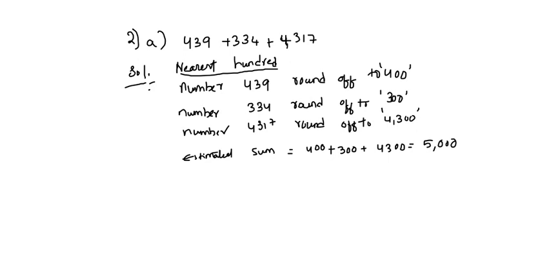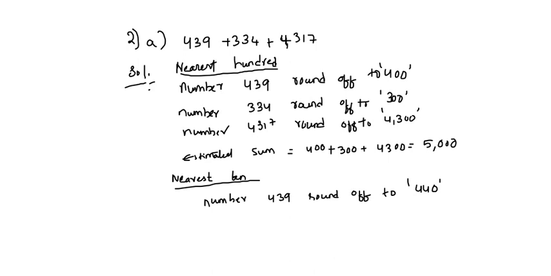Now we have to estimate to the nearest tens. So how can we do nearest tens? The same thing like that. The number 439 rounds off to 440. For nearest tens, we take only the nearest 10 values. We should not take the hundreds place value.